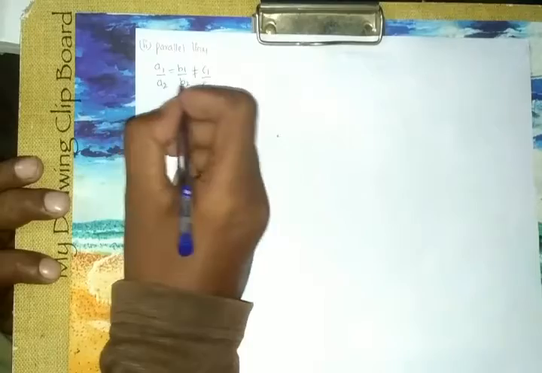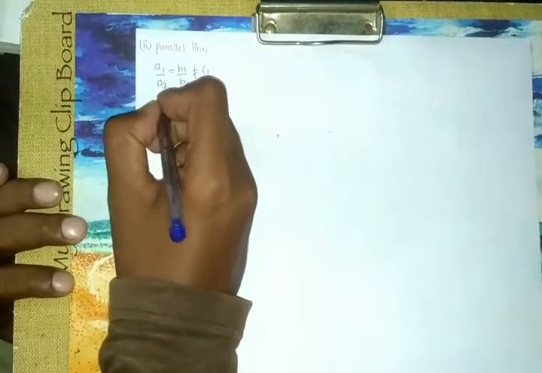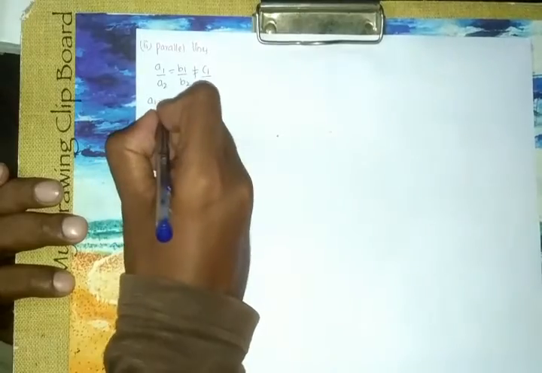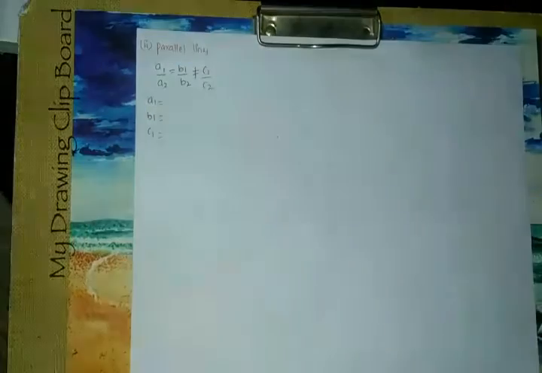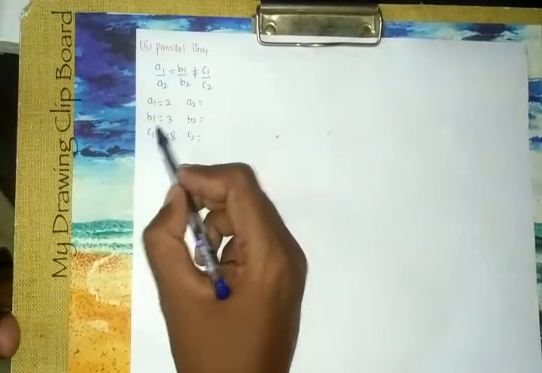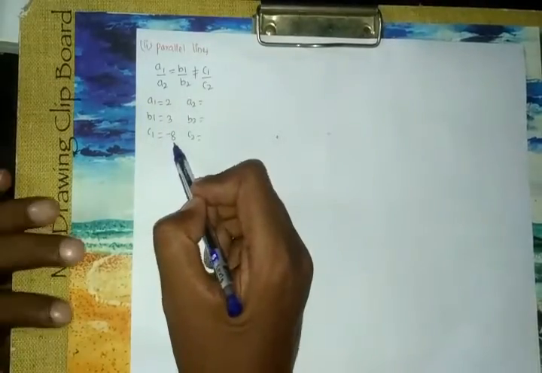So I have a1, I have b1, I have c1, which is a1 as 2, b1 as 3, and c1 as minus 8.